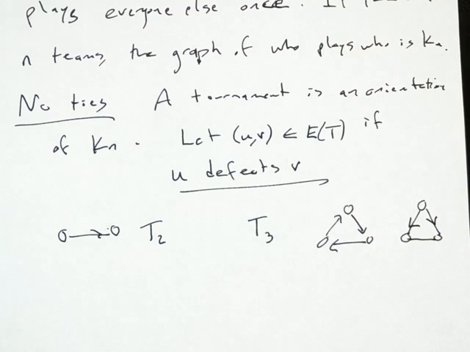Do you want to draw the edge on the bottom going right to left or left to right? Up to isomorphism, it doesn't matter, right? But every edge has to have a direction. So we can decide. It doesn't matter. But here, everybody wins once. Here, somebody wins twice.